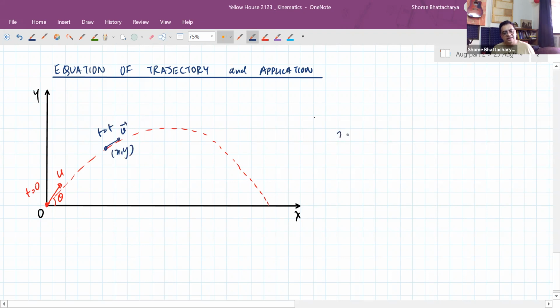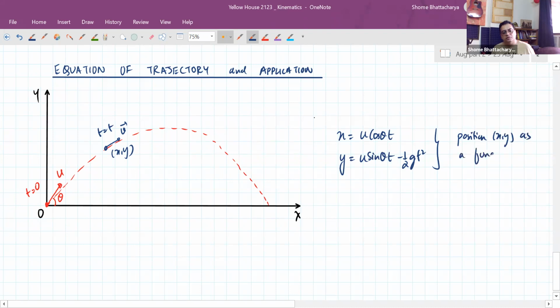So we have the equation that x is equal to u cos theta t and y is equal to u sin theta t minus half gt square. So this represents the position as a function of time.